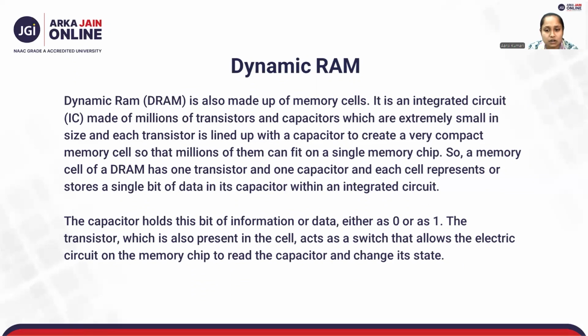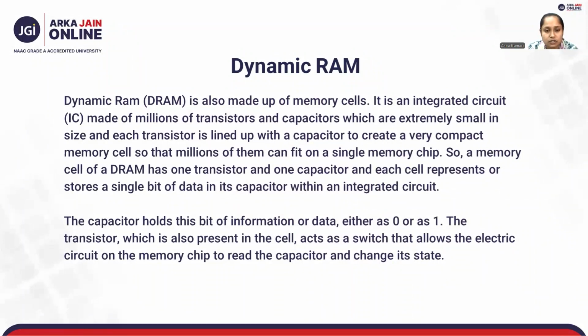So, a memory cell of a DRAM has one transistor and one capacitor, and each cell stores a single bit of data in its capacitor within an integrated circuit. The capacitor holds this bit of information either as 0 or as 1.